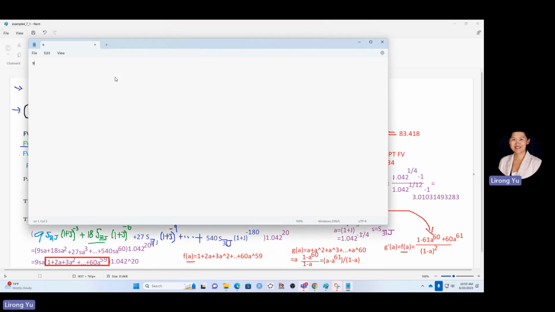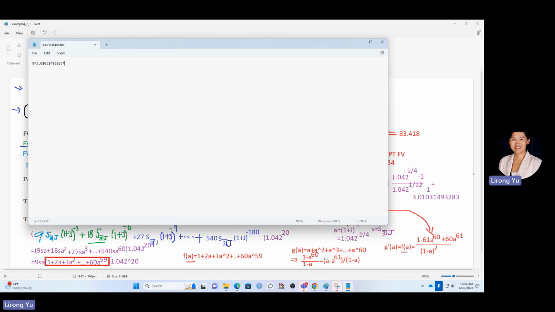All right, so it's 9 times the A is 1, the S is 3.01031493283.